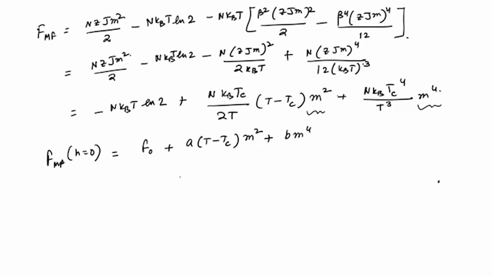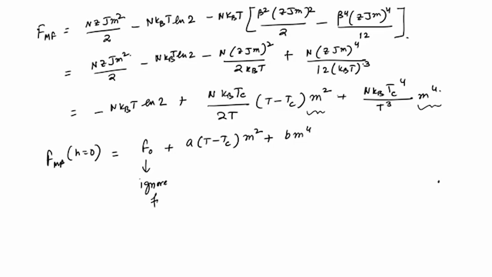Okay. You can keep higher order terms with m^6 and m^8 and so on, but this is good enough for us, and this F0 is just a constant term. It really shifts the energy up or down and does not have any importance in the equilibrium state of the system, and we can ignore this for the moment.